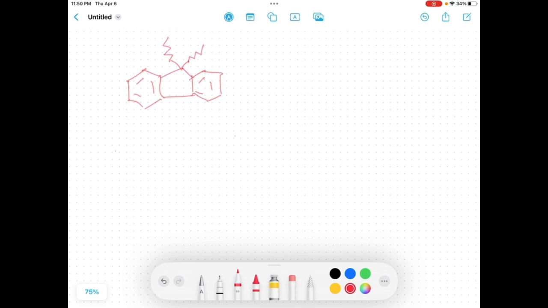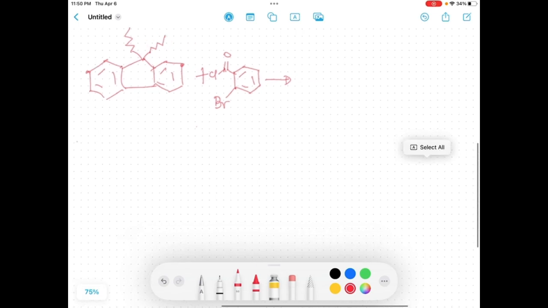Now at this point and this point we can attach an acyl group by reacting with benzoyl chloride by Friedel-Crafts acylation. So if we take an example like ClBr, then you will get the product.